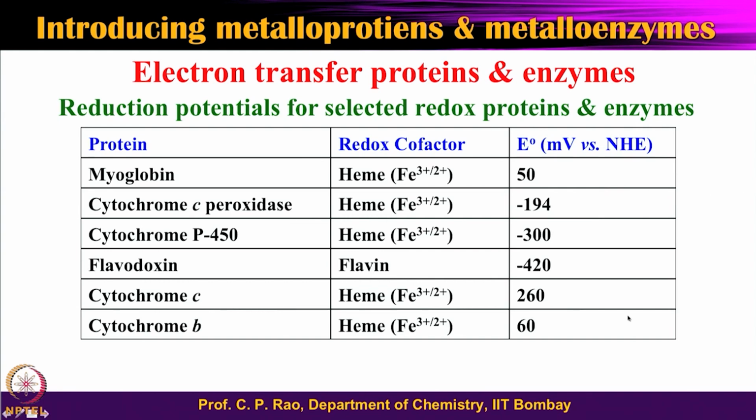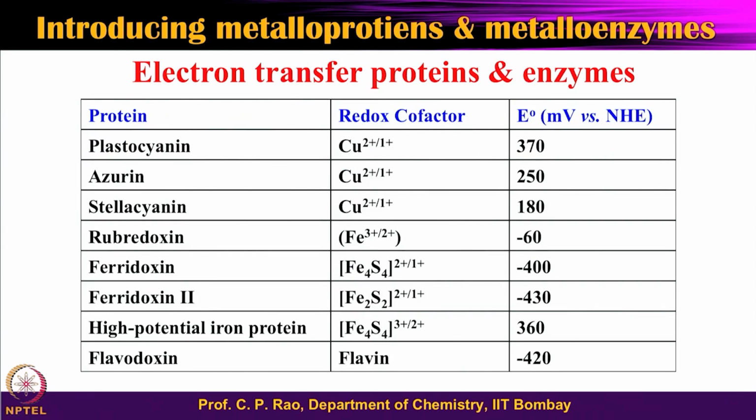And it is true not only in the heme enzymes, even if you take non-heme enzymes. Let us take some examples. First, let us look at these bottom 1, 2, 3, 4: rubredoxin, ferredoxin, 2 and high potential iron protein. See minus 60, minus 400, minus 430, plus 360. The difference is around 800 millivolts. So, these are non-heme iron sulfur proteins.